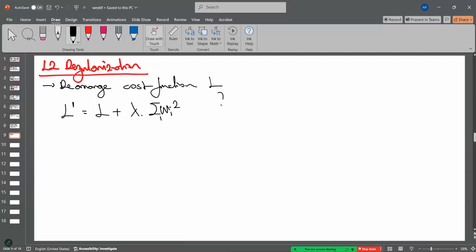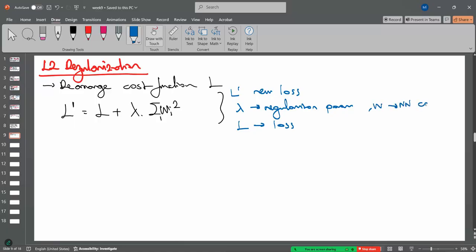Okay, this is the new loss, and lambda is the regularization parameter, and L is the loss, and W is the NN coefficients.